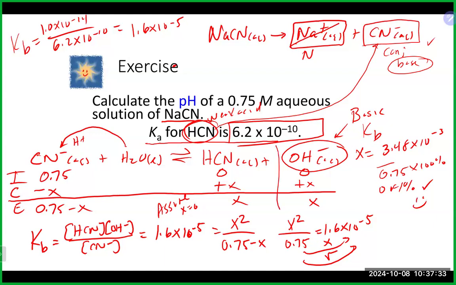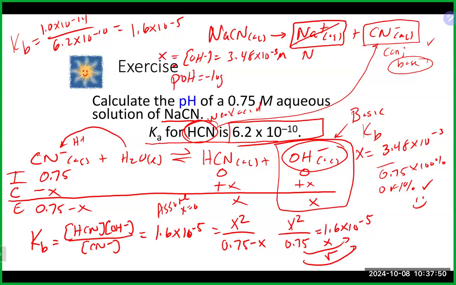Once again, we did produce hydroxide. So that is what the X value is going to equal. So the concentration of hydroxide in this case, 3.48 times 10 to the minus 3 molar, as that is what X equals. Going into our pOH equation here, minus the log of 3.48 times 10 to the minus 3, is going to get us 2.47.